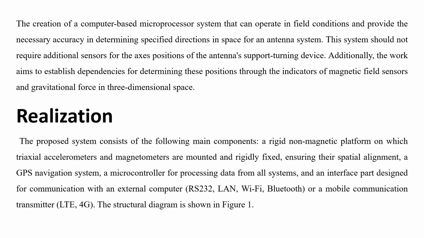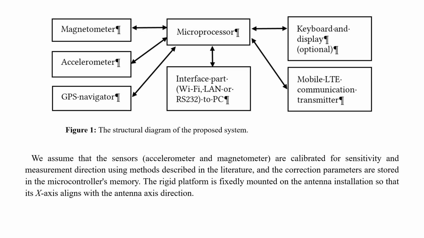The proposed system consists of the following main components: a rigid non-magnetic platform on which triaxial accelerometers and magnetometers are mounted and rigidly fixed, ensuring their spatial alignment, a GPS navigation system, a microcontroller for processing data from all systems, and an interface part. The structural diagram is shown in Figure 1.